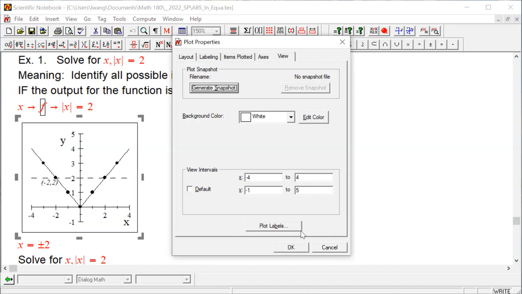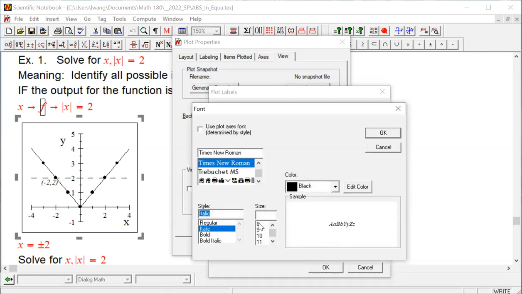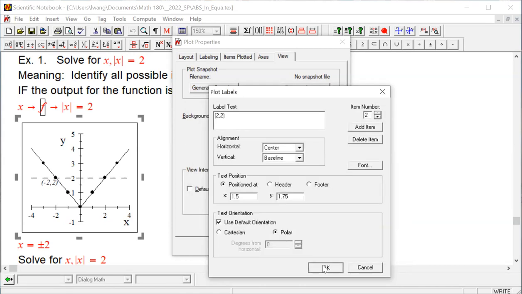And this other one, I'm going to mark it right here, 2, 2. Let's see if this will work.